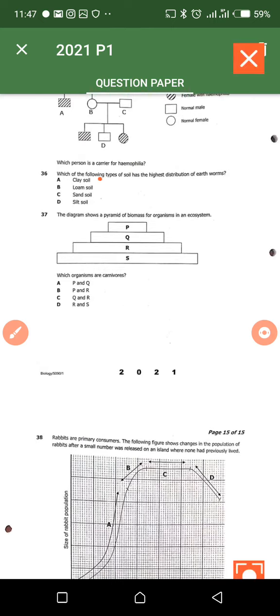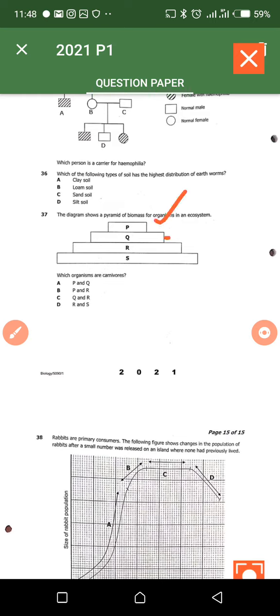Okay, then the diagram below shows a pyramid of biomass for organisms in an ecosystem. Okay, which organisms are carnivores? So remember that carnivores are organisms which feed on other animals. These are animals which feed on animals.